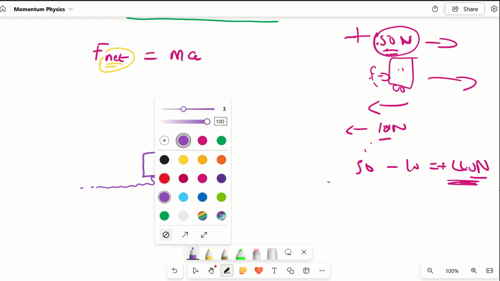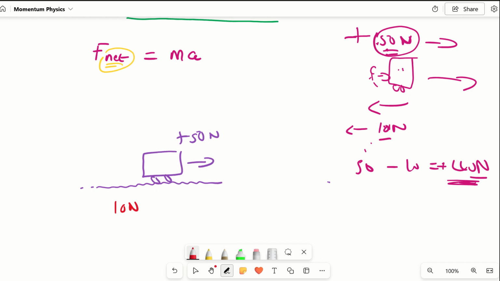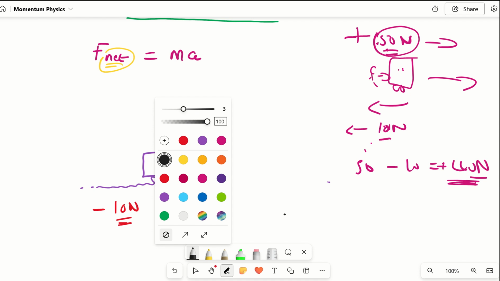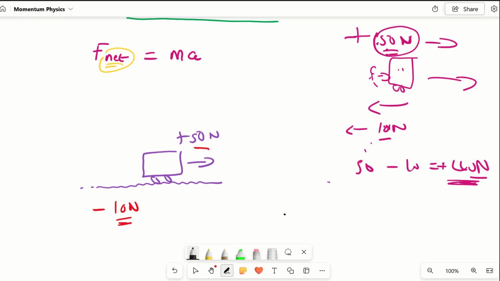So therefore there would be some sort of frictional force on the ground. So let's just assume that the frictional force on the ground is 10 newtons to the left, or negative 10, right? Then these are the two forces acting on this object. Another force acting on this object would be normal force, but I'm going to come to it shortly.